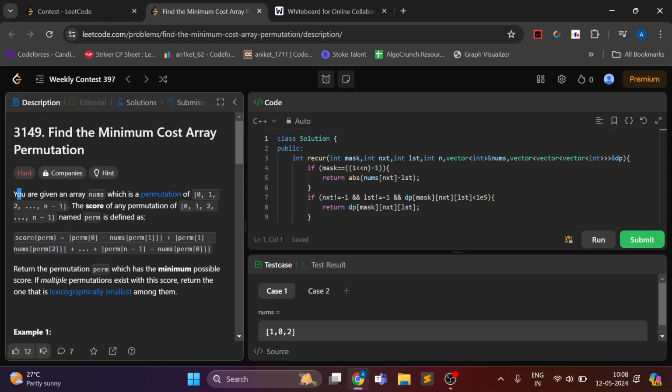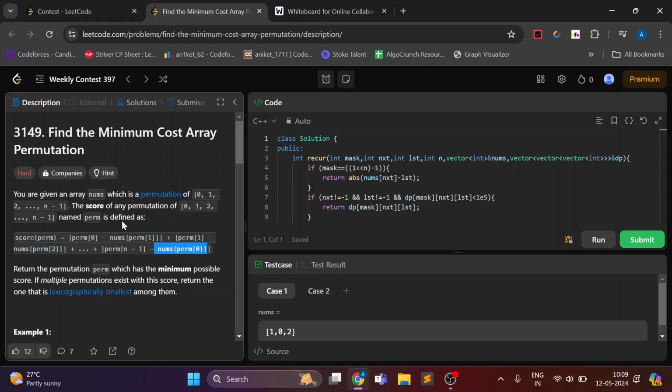In this question we are given nums, which is a permutation of the n elements from 0 to n minus 1, and we have to find the score of any permutation, where the score is defined as: absolute of perm of 0 minus nums of perm of 1, plus perm of 1 minus nums of perm of 2, up to perm of n minus 1 minus nums of perm of 0.